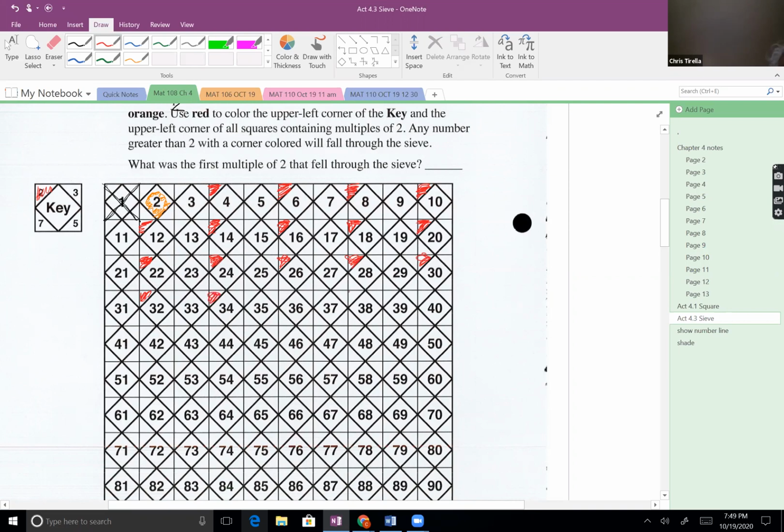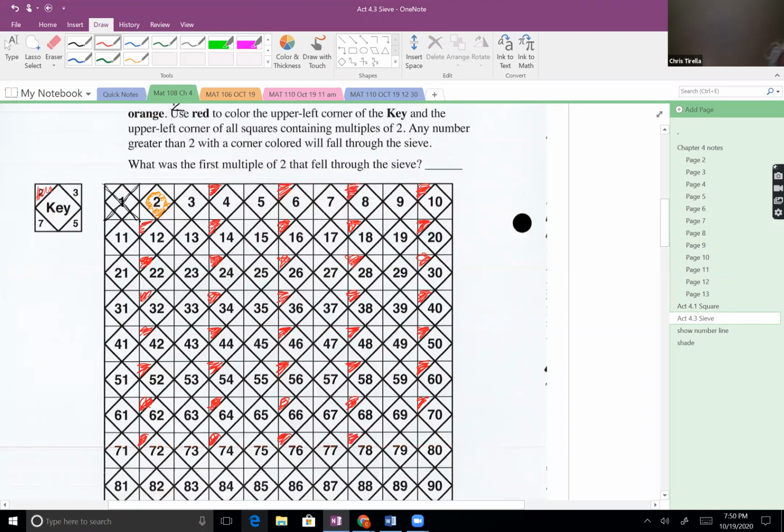And so since they are multiples of 2 and they've got a corner colored in, they've fallen through the sieve, meaning that they've fallen out of the list and they would not be considered prime. So what we're doing is we're taking out all of the multiples of 2, saying they're not prime. And I'm sorry, I'm a slow colorer.